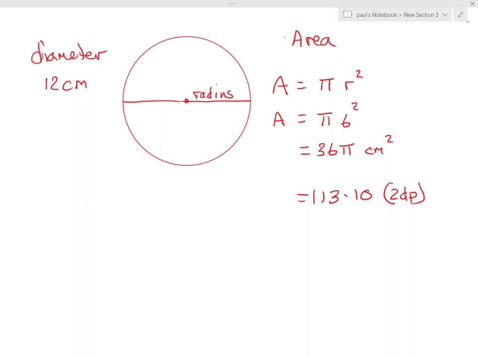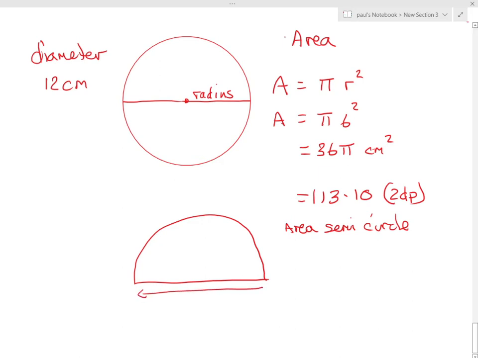Now, of course, we can do the area of a semicircle. And we're going to give this as, I don't know, 20 centimeters. So the area is equal to pi r squared divided by 2 this time.